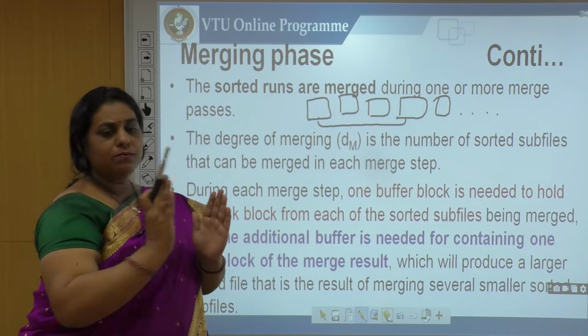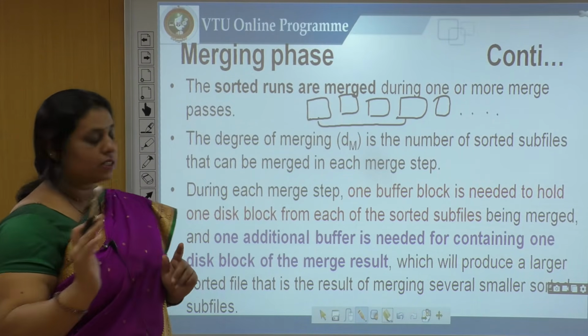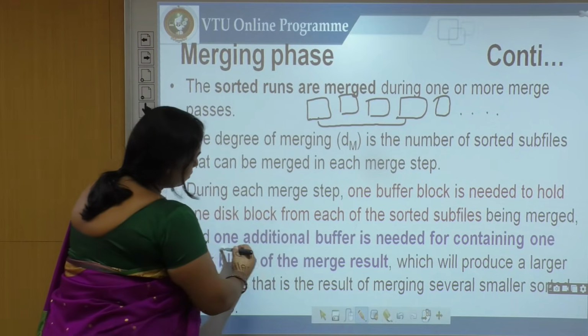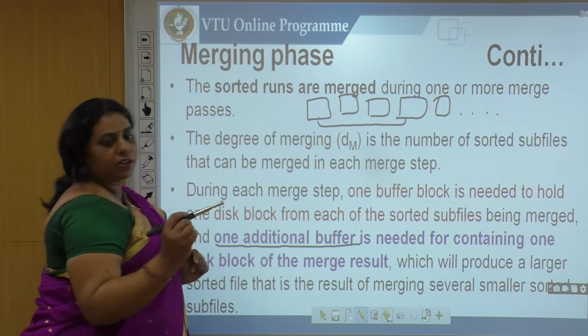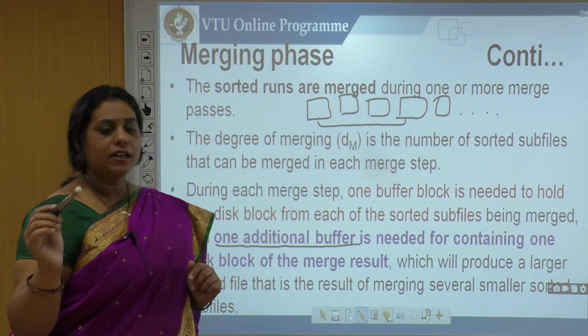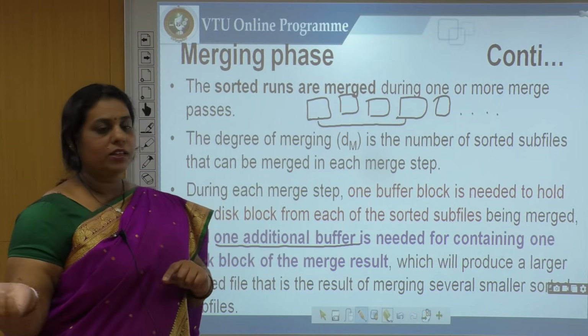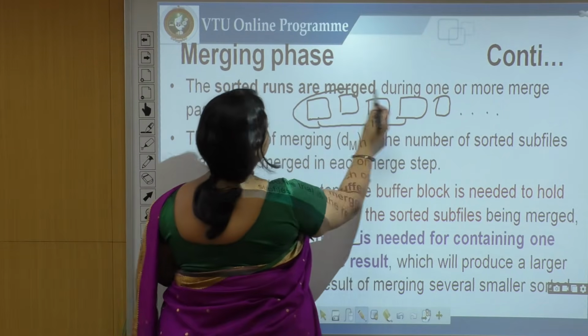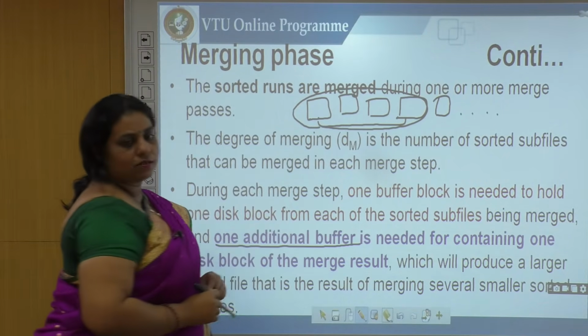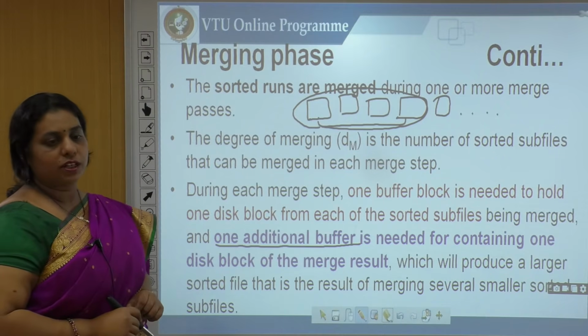Now, I require one additional buffer. Even though I have 5, one additional buffer is required to store the merged value.